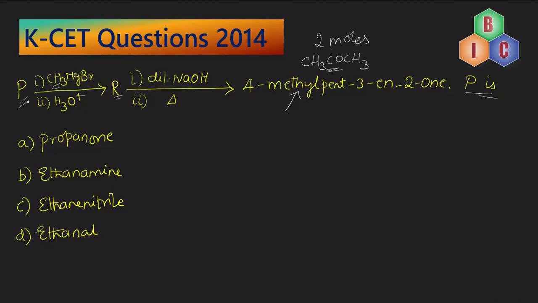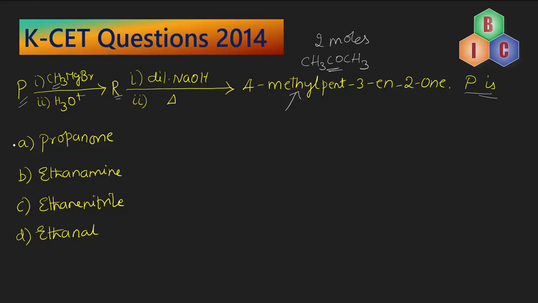So let us have a look at it. First you should bear in mind, of all the 4 options, which one of them has the capability to form acetone when treated with Grignard reagent like methyl magnesium bromide followed by acid hydrolysis.